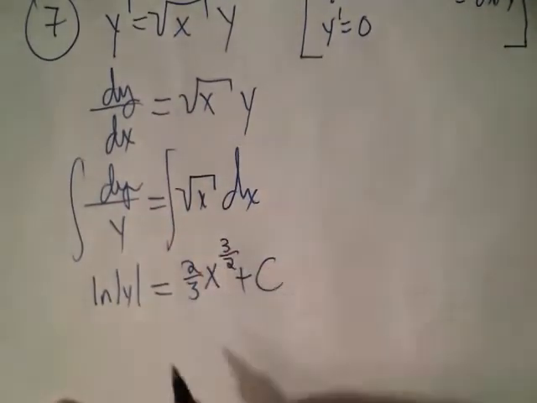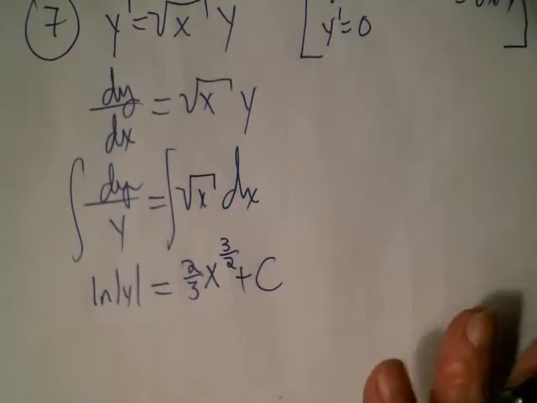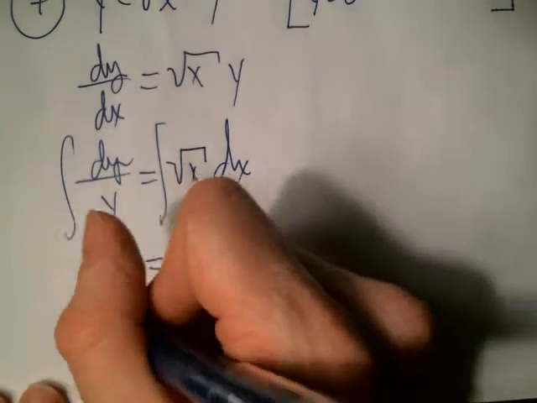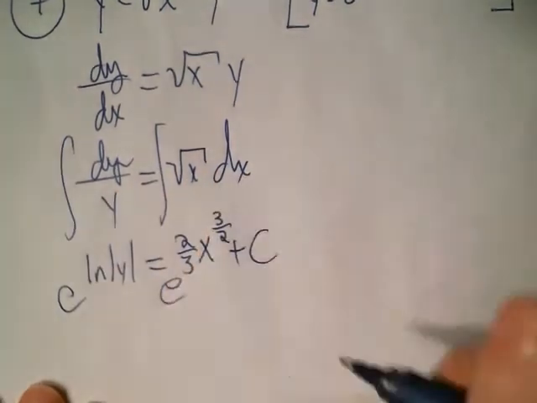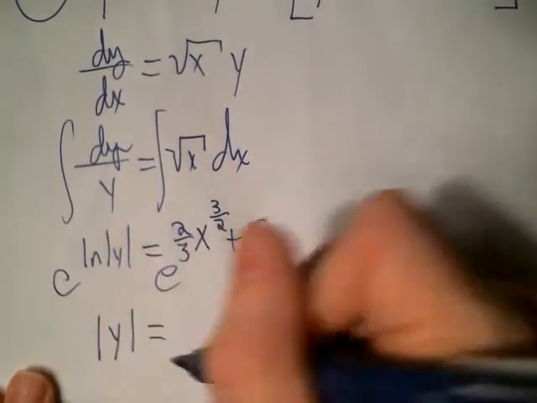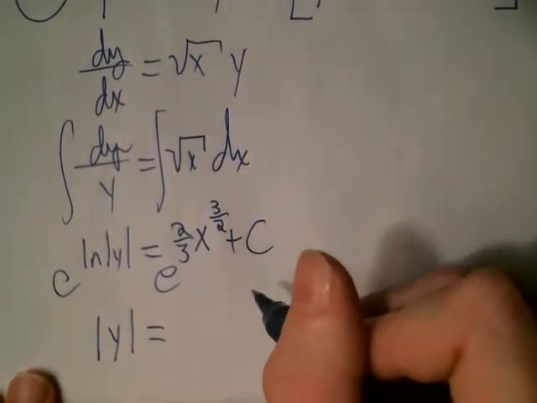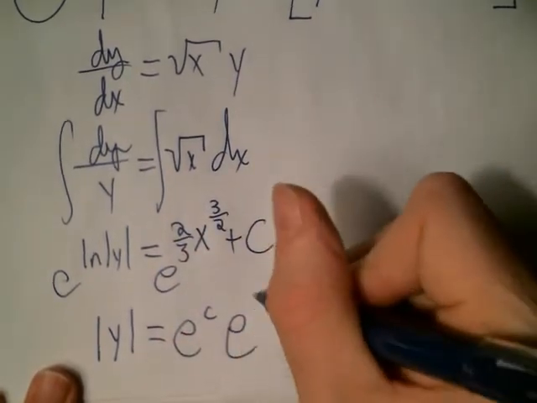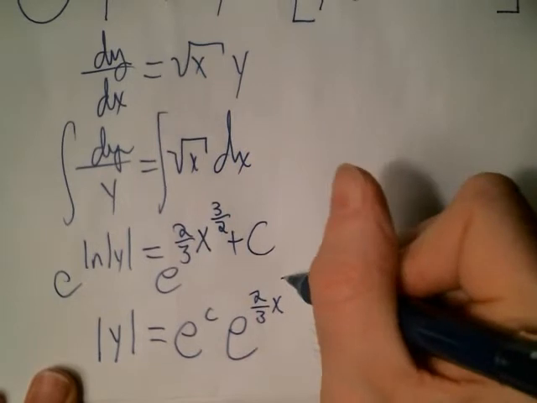Okay. And then I want an explicit solution, I want y equals something, and it's possible by exponentiating both sides here. Over on the left-hand side, you'll have absolute value of y. On the right-hand side, I'm going to rewrite it a bit using my rules of exponents. So this will be e to the c times e to the 2/3 x to the 3/2.